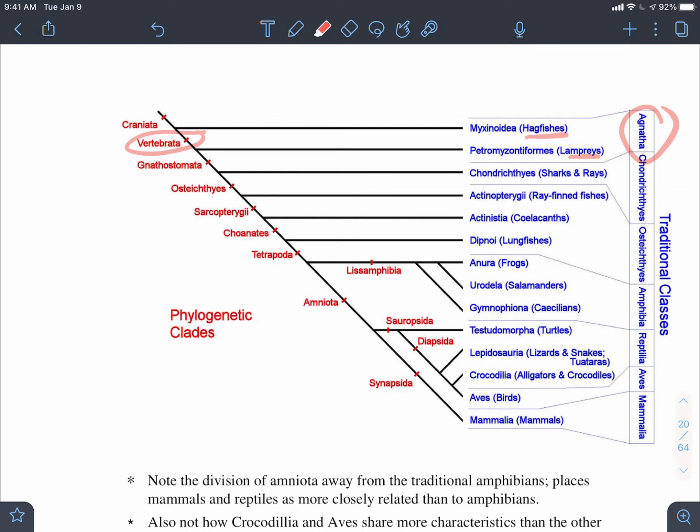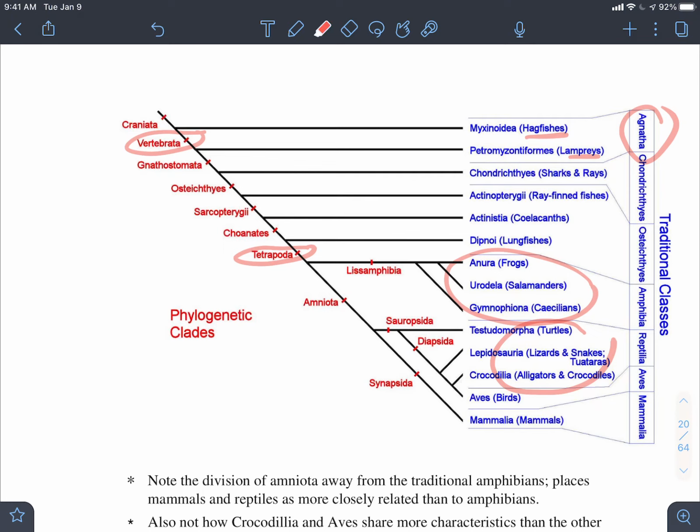Furthermore, we can see that something like in the tetrapoda here, that's the four-legged organisms, we have the examples of frogs and salamanders, and these organisms here, those are all of our sort of amphibia, are very much separate from the turtles, alligators, and crocodilians.